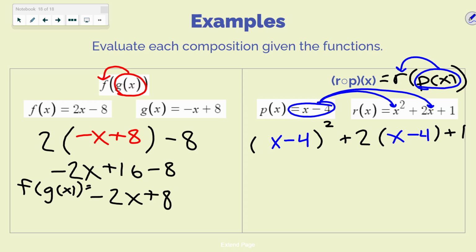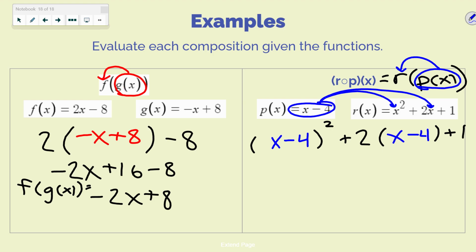And now, algebraically, what is this telling us to do next? Distribute. Well, notice we have an exponent, right? So everybody see an exponent somewhere? Yeah, let's tackle that first.